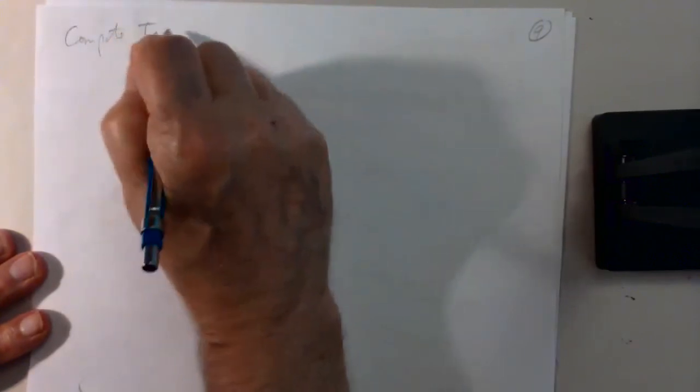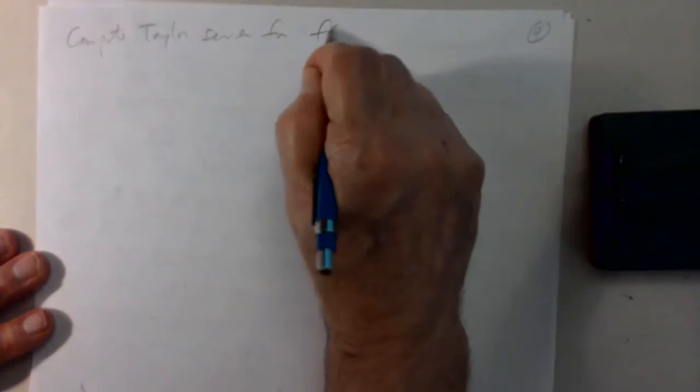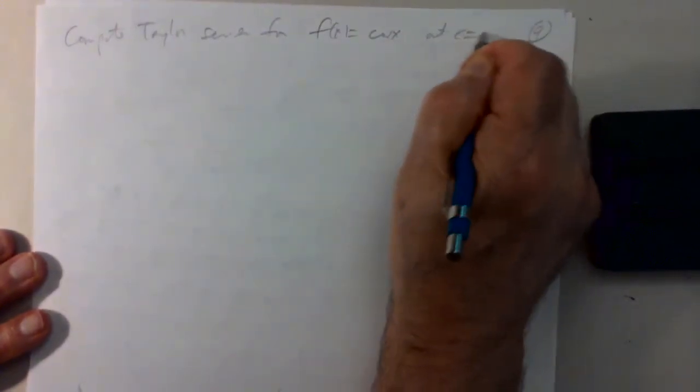So let's start by computing some examples. Let's say I want to compute the Taylor series for f of x equals the cosine of x centered around 0.